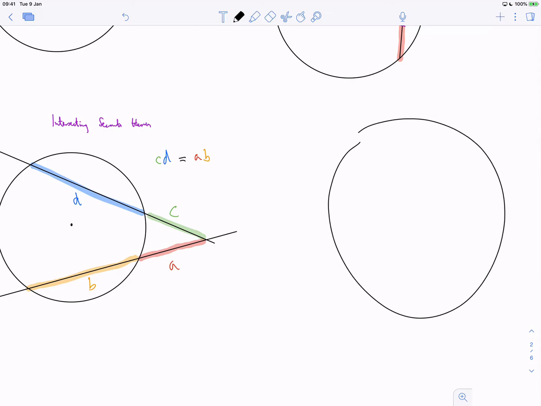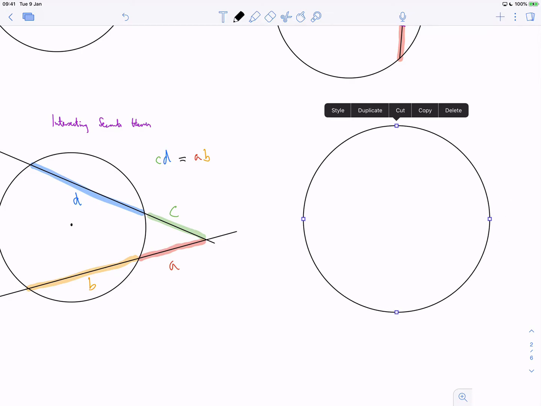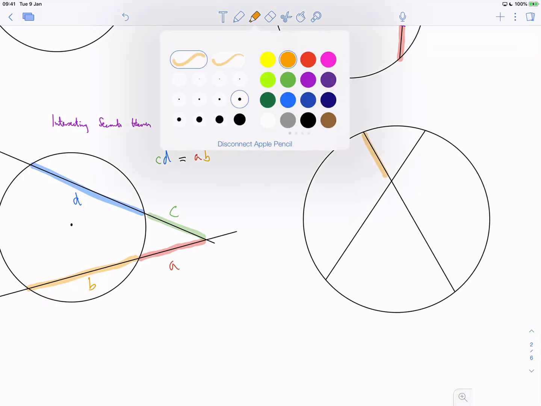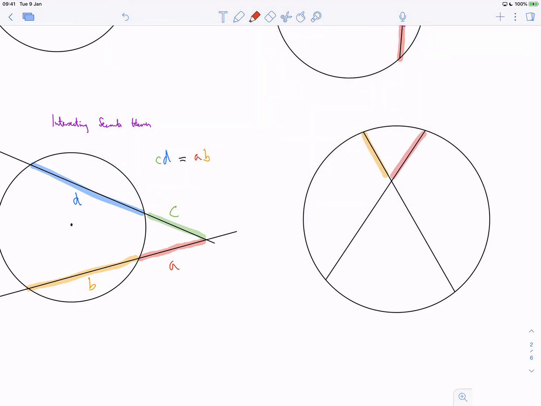So let's draw a circle, and let's draw two chords. So there's one and there's another. They don't necessarily go through the origin.